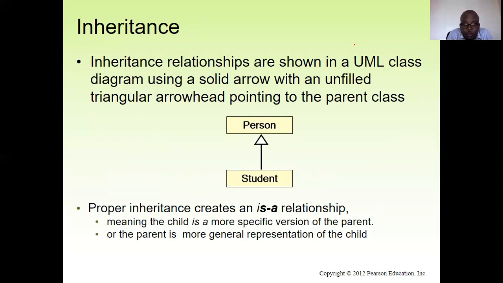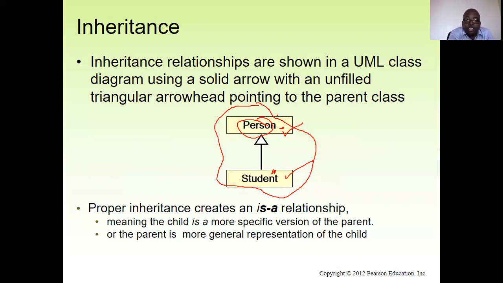In this case, what is being communicated by this diagram is that person is the superclass and student is the child class, right? And so everything in person will also be in student because student inherits everything from person, okay? There are some specific things that we'll talk about in terms of what can be done with the things that are inherited, but that will come a little bit later.